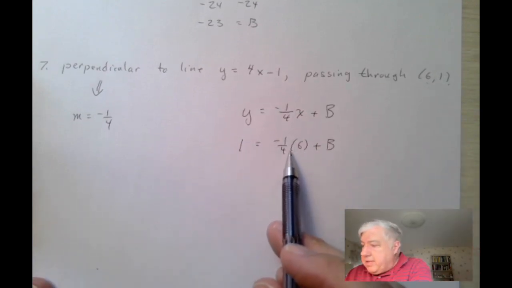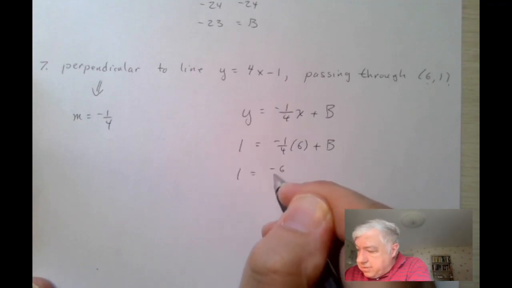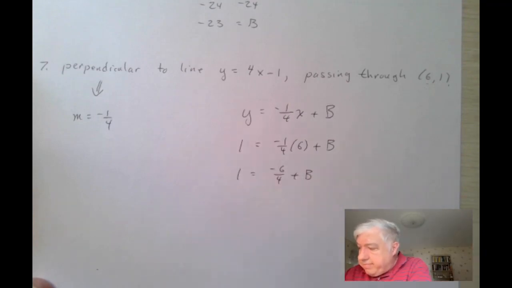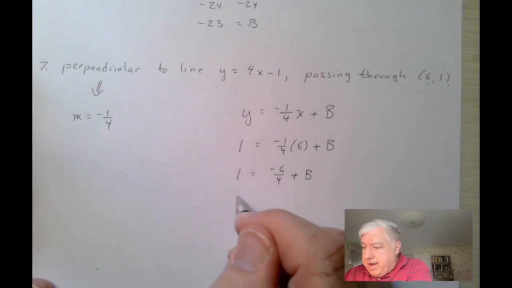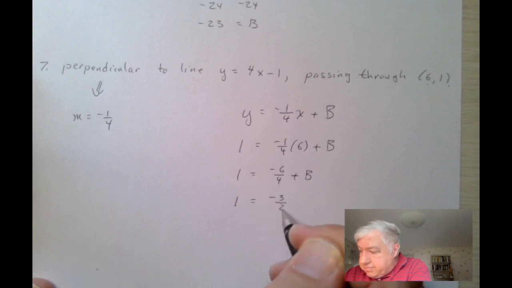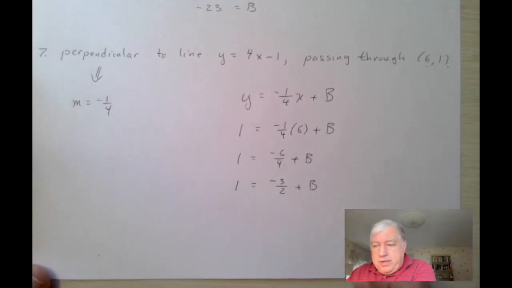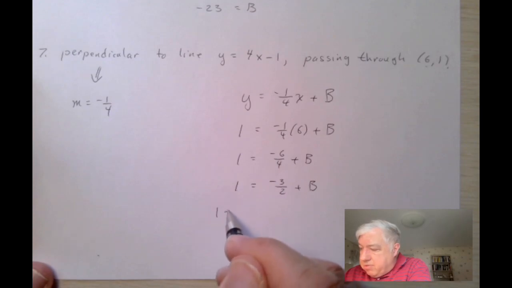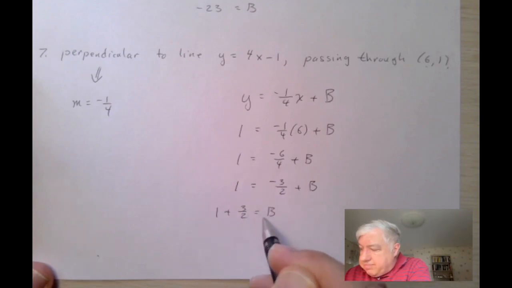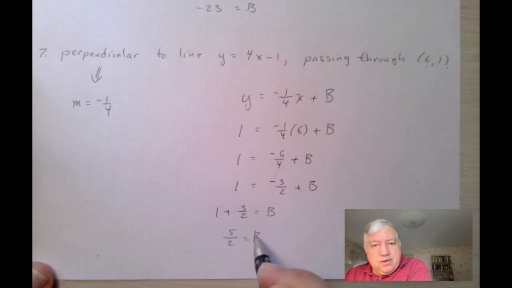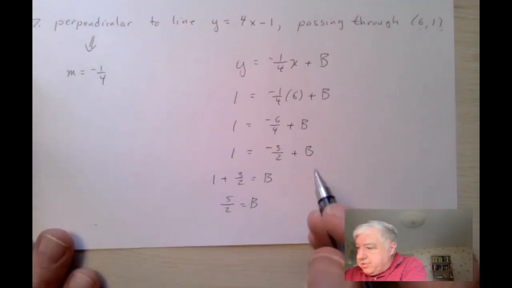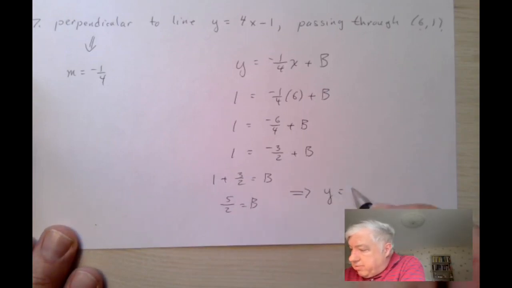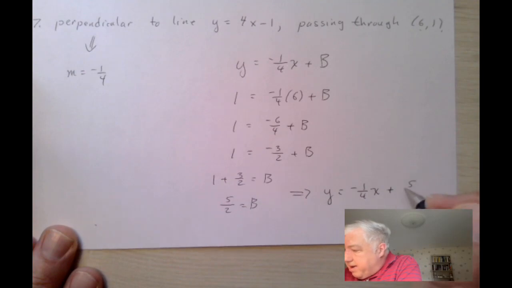Okay, this is -6/4. Let's just reduce this to -3/2, because that's what it is. And then add 3/2 to both sides, so this will be 1 plus 3/2 equals b. So it looks like b is 5/2. Okay, and so our solution would be y equals -1/4 x plus 5/2.